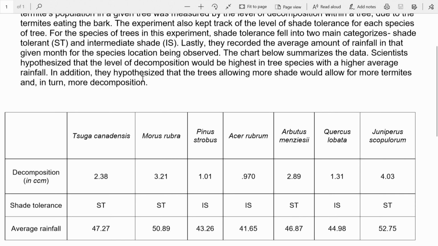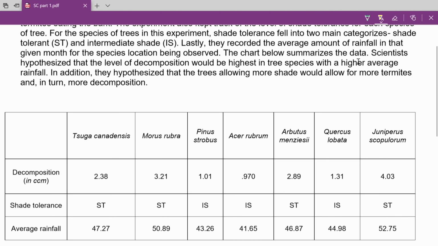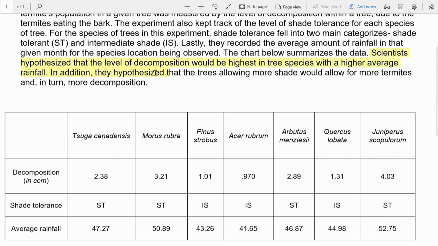So, this is the chart which has been given. Scientists hypothesized that the level of decomposition would be the highest in tree species with a higher average rainfall. Okay, I feel that's an important sentence over there. So anytime you're getting important information, just highlight it. In addition, they hypothesized that the trees allowing more shade would allow for more termites and in turn more decomposition.